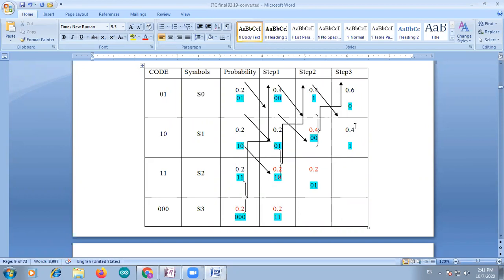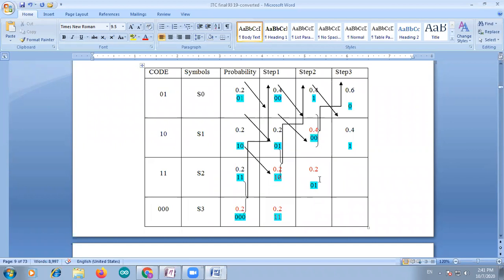Now between 0.6 and 0.4, 0.6 is the highest probability and 0.4 is the lowest. Assign 0 for the highest probability and 1 for the lowest probability. Because the merging of 0.4 and 0.2 gave 0.6, the digit assigned to 0.6 is 0.